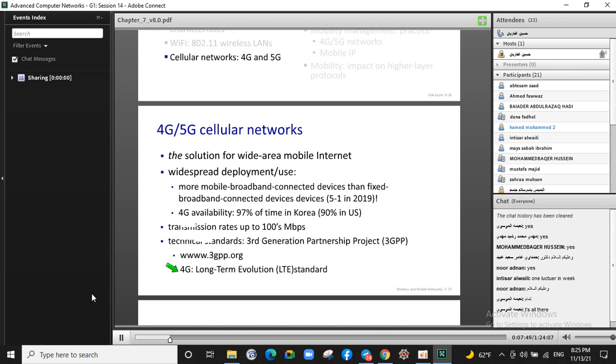In 4G we can see that the LTE standard, or Long Term Evolution standard, is dominant over cellular networks all around the world.